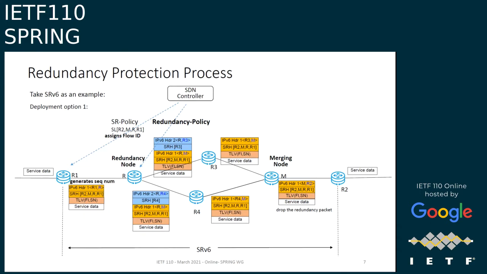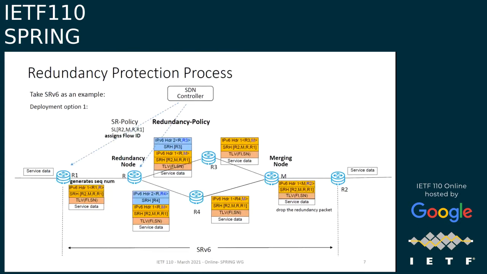In this option, we assign the flow ID and generate the sequence number at the ingress node, which is not the redundancy node, so this information will be kept as an optional TLV in the IPv6 header. The packet is transmitted to the redundancy node, and the redundancy node is triggered by a binding SID. If the binding SID is used with encapsulation mode, another IPv6 header is added.